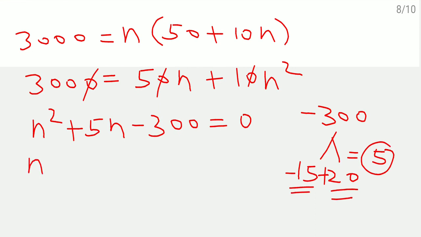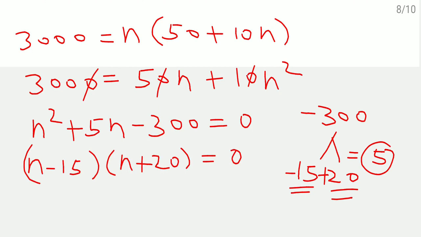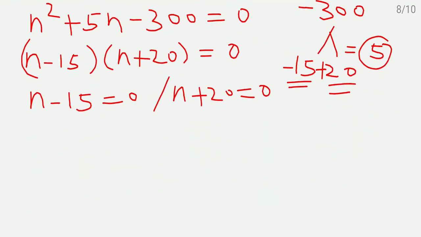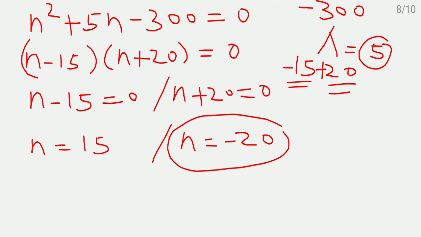So directly I'll write down n minus 15 is one factor and n plus 20 is the another factor, which is equal to 0. So n minus 15 equal to 0 and here n plus 20 which is equal to 0. So what happens now? I get n which is equal to 15 and here n which is equal to minus 20. So this answer is invalid. This is the correct one. So total number of rows in the auditorium are 15.